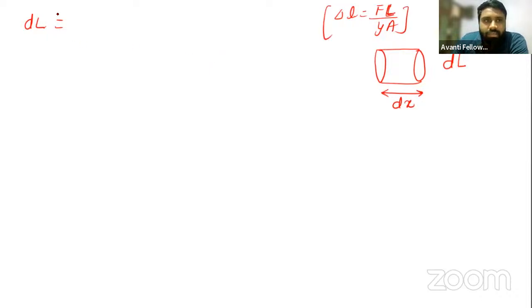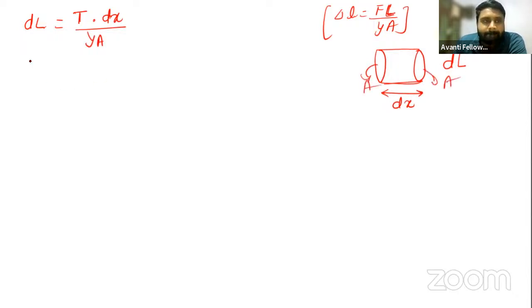We are applying it for this element which has a length of dx. So F is nothing but the tension that has been applied in this section, into L, where L means the length of this section, which is dx. So T dx divided by Y into A. The base area will be the same.